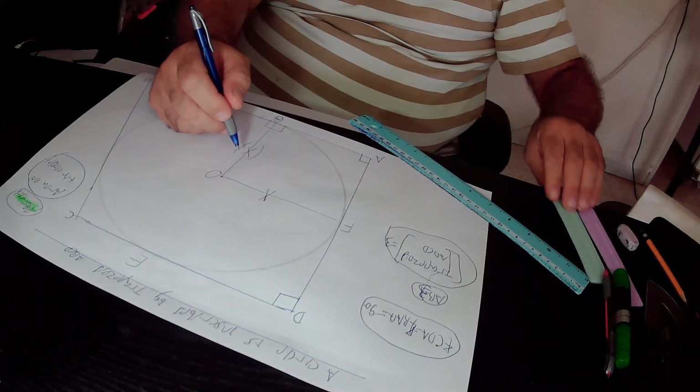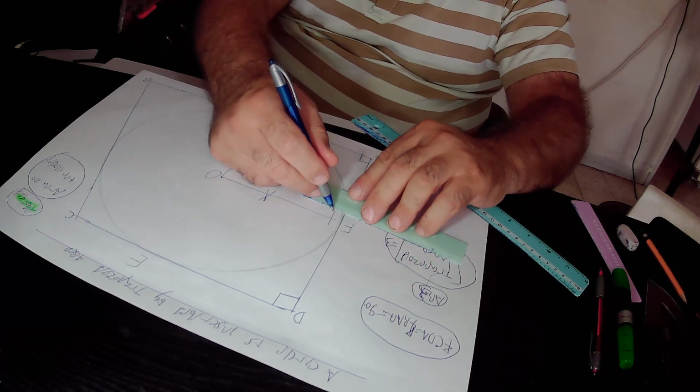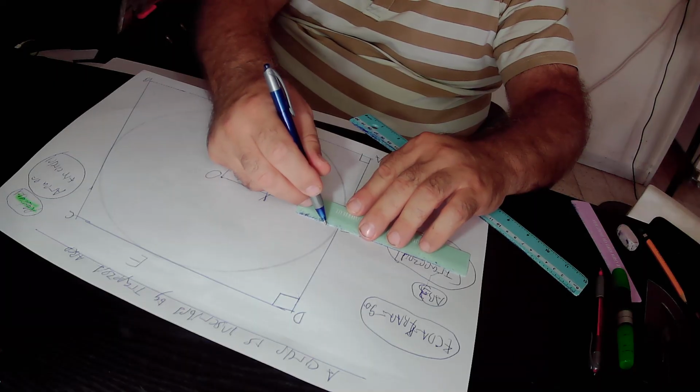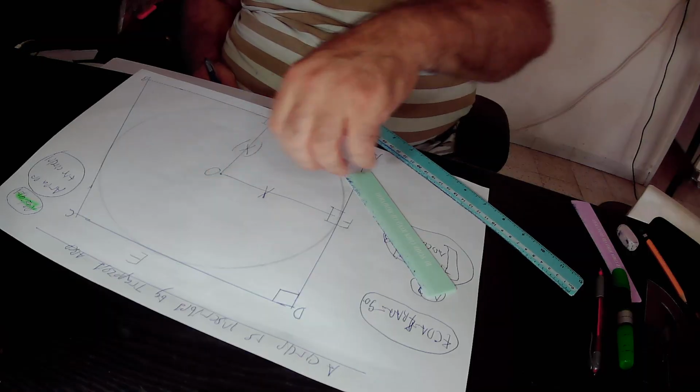And according to rule 1, this angle equals 90 degrees, and this angle also equals 90 degrees. Likewise, we join points O and E together by a straight line.